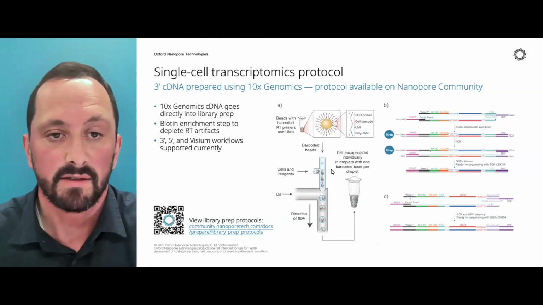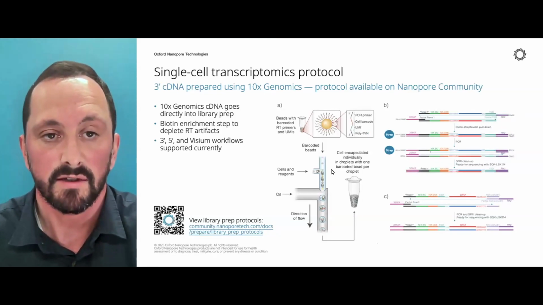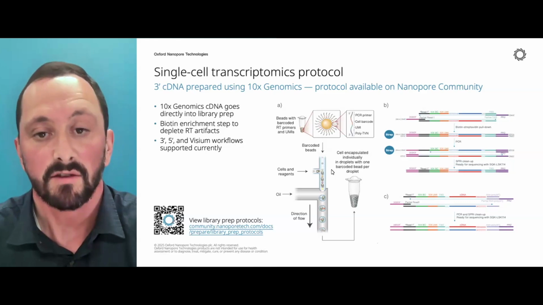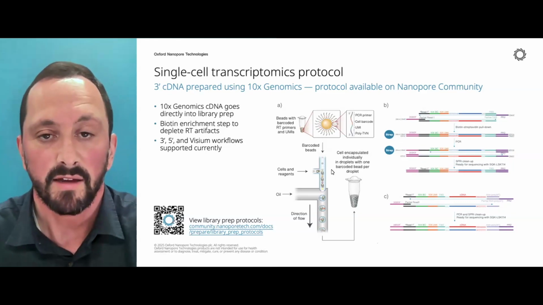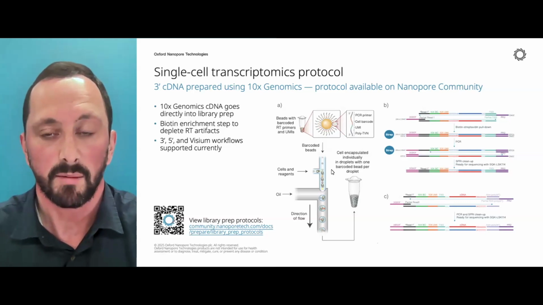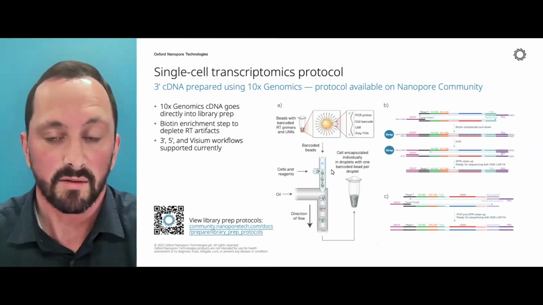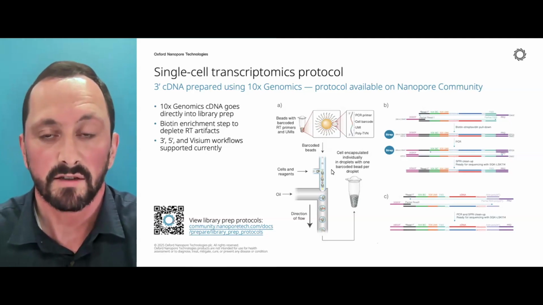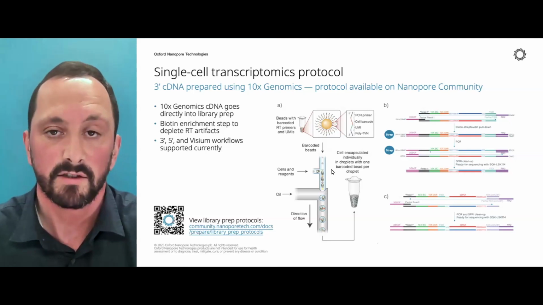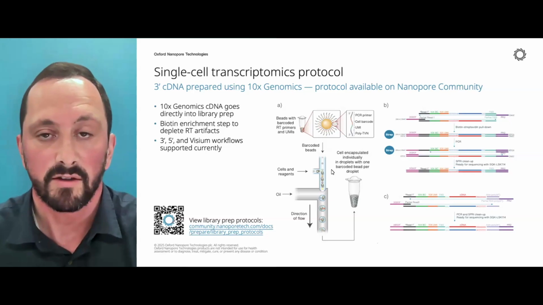The cells go through the 10x Genomics device and workflow, and then we put that into our library prep workflow. So this is available on the website. The full protocol is available, but essentially it's really straightforward. You just take the cDNA that comes right out of the 10x Genomics protocol and right off the device.